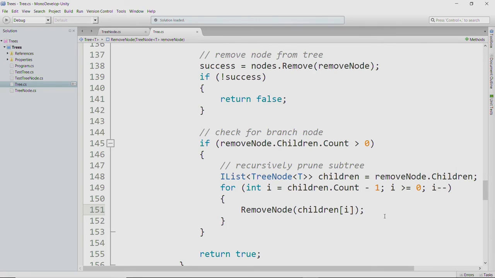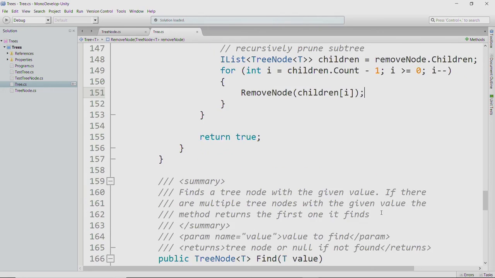And that means that we're going to have to recurse n minus 2 times to get rid of the rest of the nodes. So the number of recursions is order n, and the complexity of the stuff we do inside each recursion is order n. So removing a node is actually an order n squared operation.